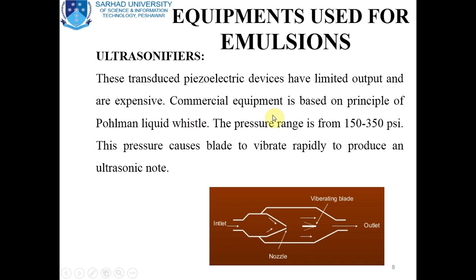The commercial piece of equipment based on this principle is termed the Pullman liquid whistle. You can see the figure. The generation of ultrasonic waves is caused by the pressure, which makes the blade vibrate rapidly. Remember the pressure, 150 to 350 psi.